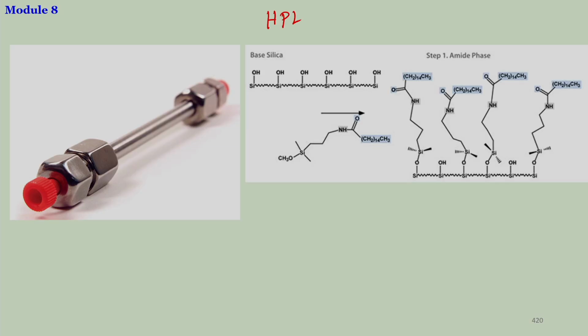And we have talked about, so this is your HPLC, that such a column is used, which is usually filled with a stationary phase, in this case silica. I talked about reversed phase in the last lecture.